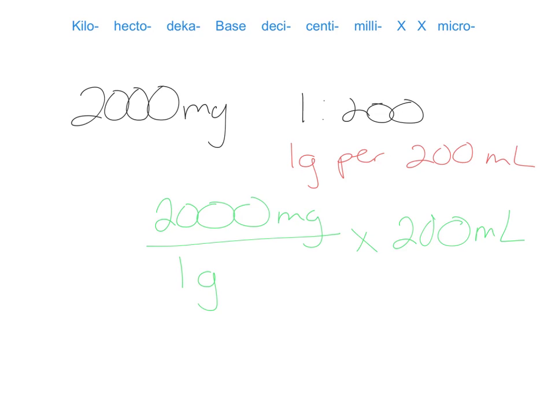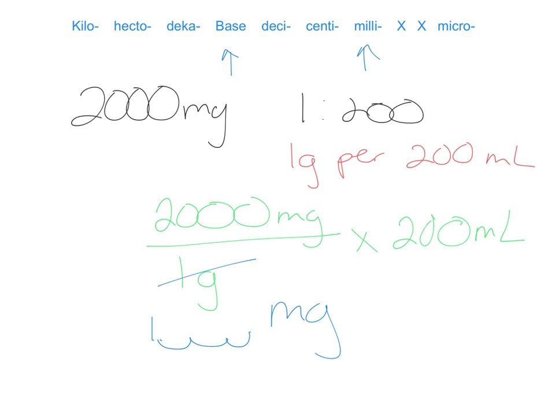So once again, we need to make sure that D and H get to the same unit. So that means we're going to need to change that grams to milligrams. So I change 1 gram, I need to convert it to milligrams. Grams to milligrams up on my chart again is base to milli, so that's 3 to the right. So 1 as a decimal is written as 1 with the decimal behind it.